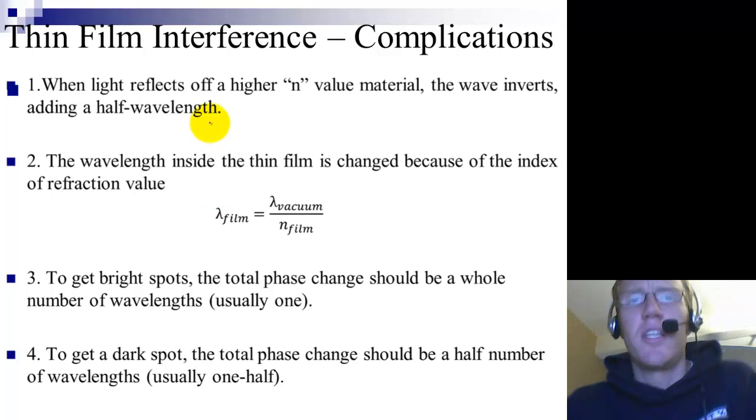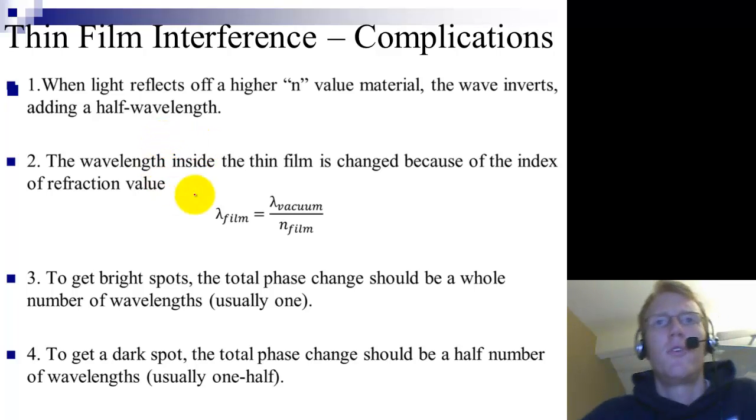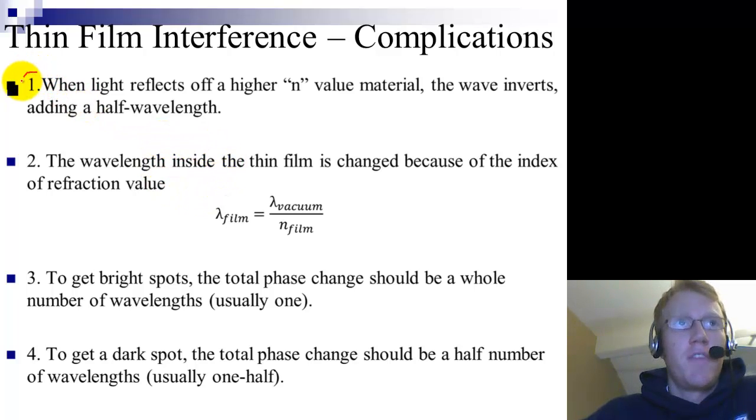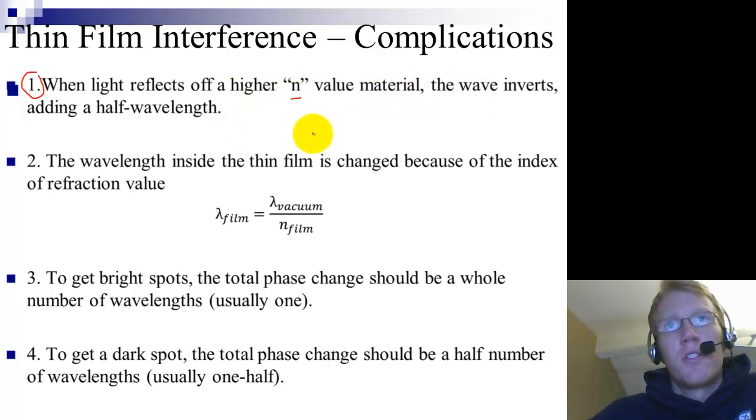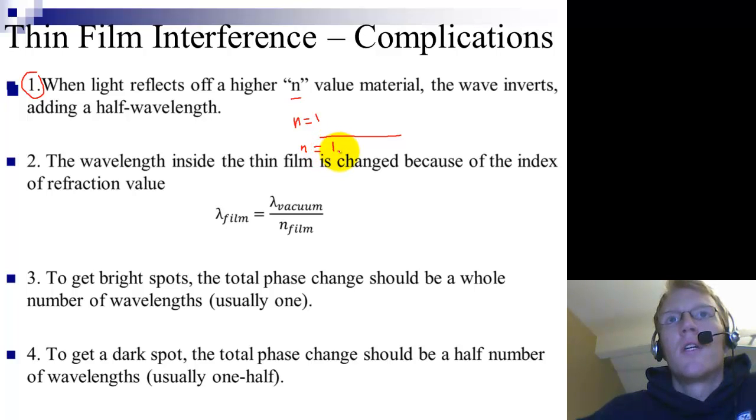It's a bit trickier than you might think, though, because of two important factors. The first factor is when light reflects off of a higher n value material, n, remember, is the index of refraction. When there's a higher value for the index of refraction, the wave inverts. So say you've got a surface, and here it's like n equals 1, and here it's like n equals 1.3, say, for example.